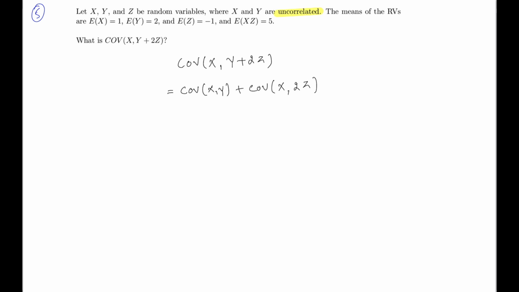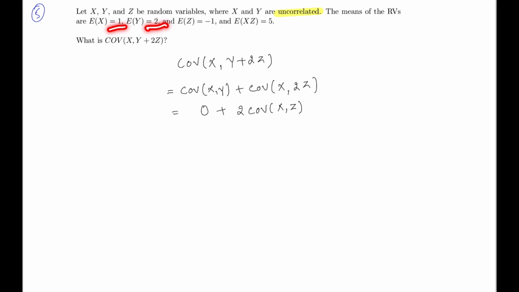We have been given the information that x and y are uncorrelated. That means the covariance between x and y will be 0. So this term will be 0, plus this term can be written as 2 times the covariance of x comma z. So ultimately we have to find the covariance of x comma z.